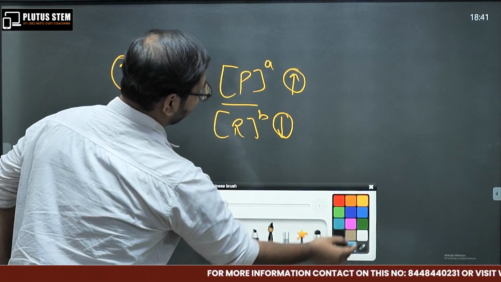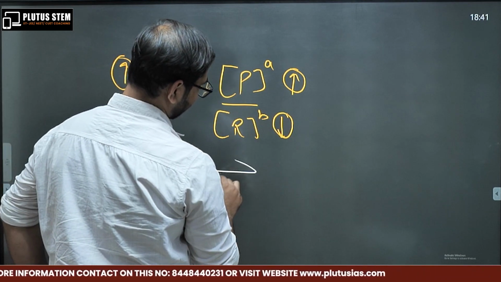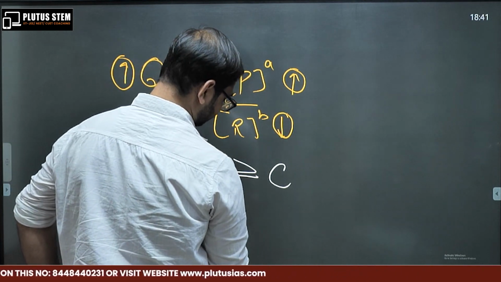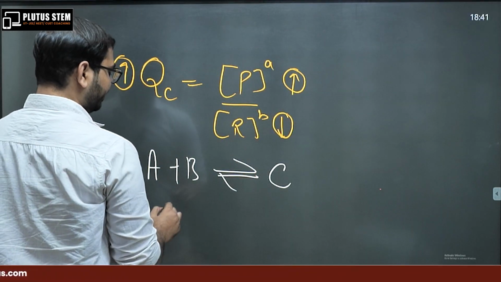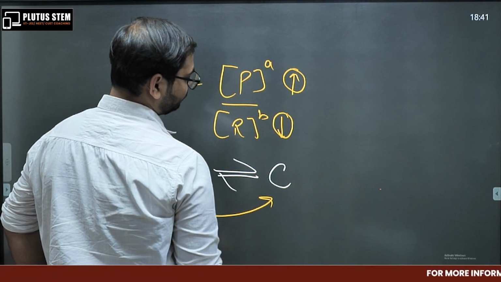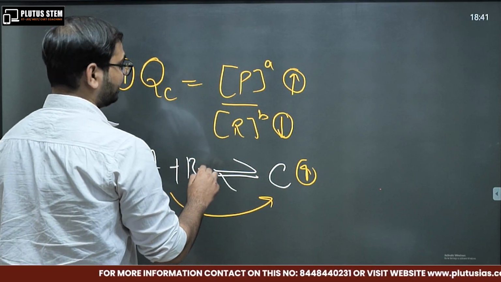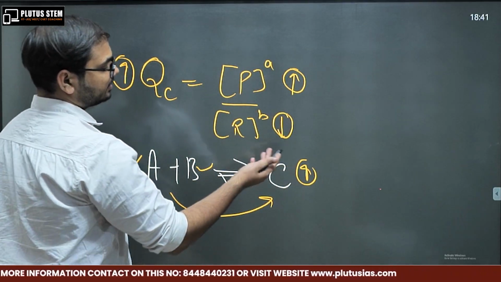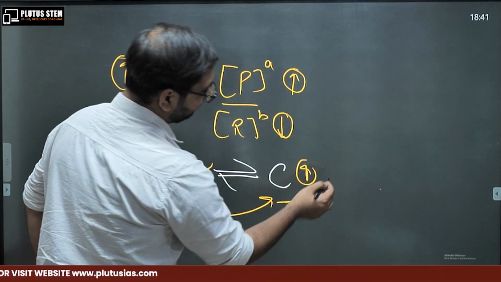For the reaction that we have, A combines with B in equilibrium with product C. The concentration of product can only increase when A and B react to form more products, and the concentration of reactant can only decrease when they react to give more product.